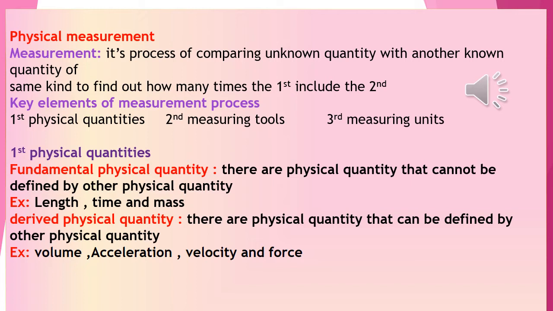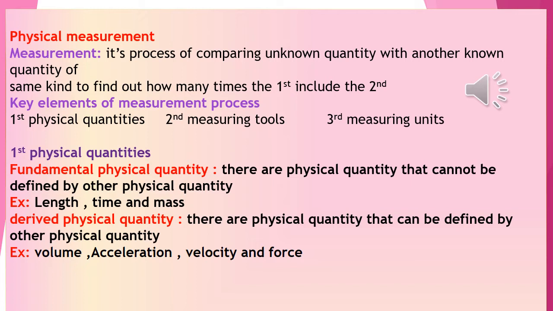When I say the time now is 2 p.m., it doesn't need another physical quantity to define the time. When I say my mass is 60 kilograms, you understand what I mean. So it's defined by itself. We can define fundamental physical quantities as the physical quantities that can't be defined by other physical quantities. For example, length, time, and mass.